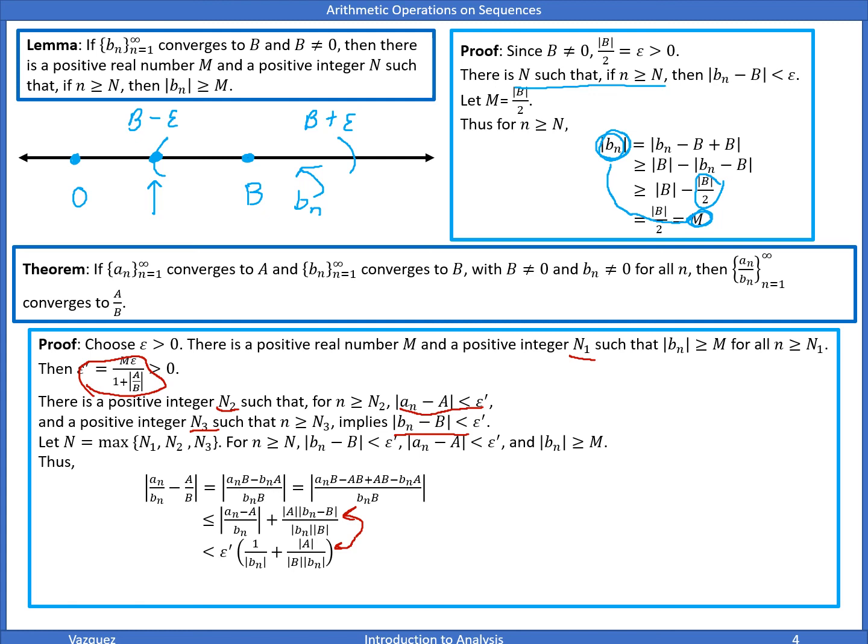Just algebra you can do on your own. And that is less than or equal to epsilon prime times 1 over m, and then times, in parentheses, 1 plus a over b. And that is equal to epsilon. So mathematicians started here with this epsilon and worked backwards to see what they needed to prove this.